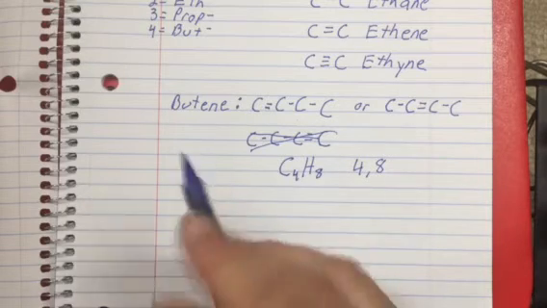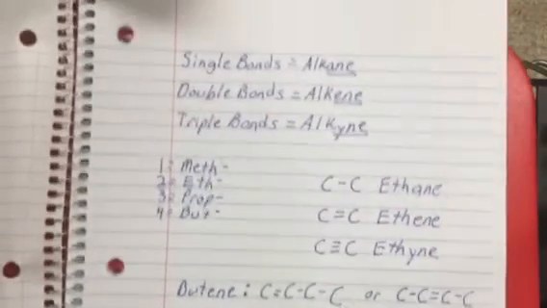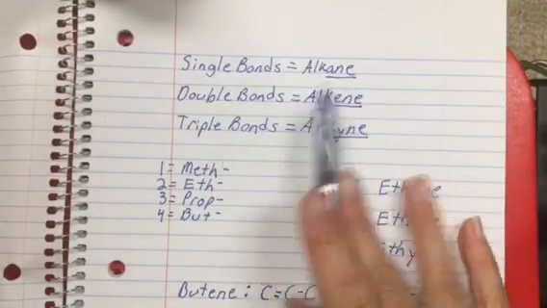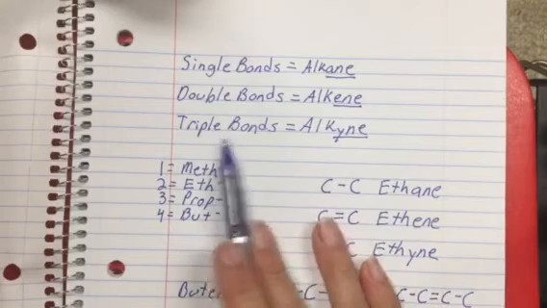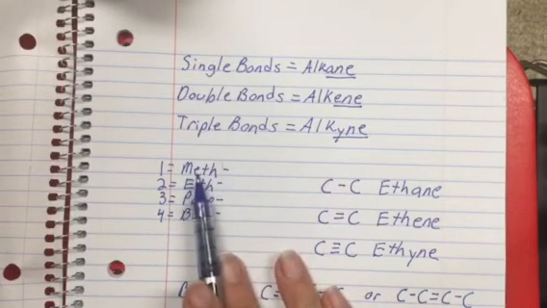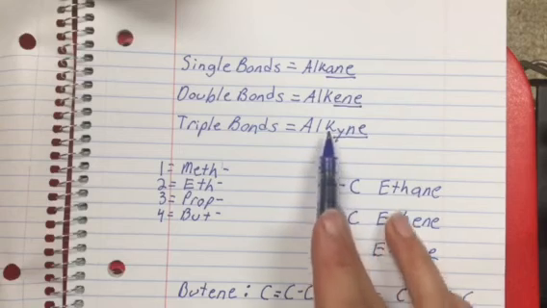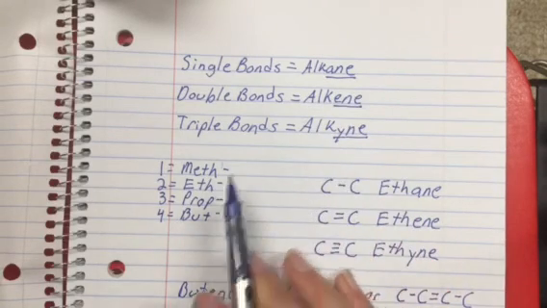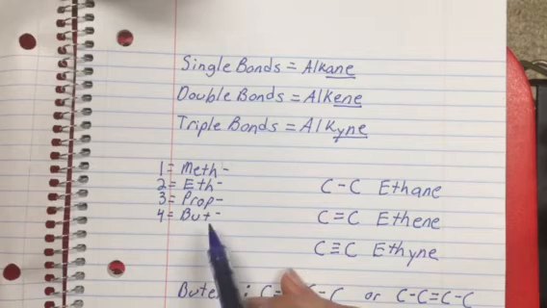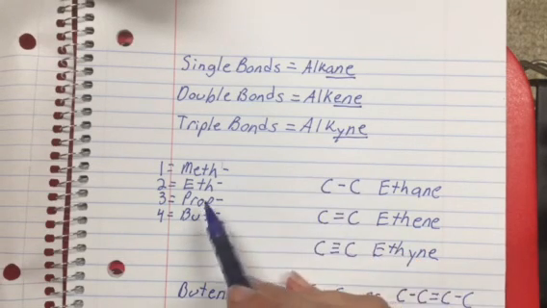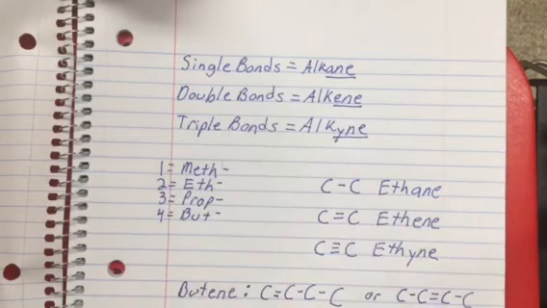But otherwise, that's all we're looking at today. Okay, key to the lesson. Single bonds are alkanes, double bonds alkenes, triple alkynes. We take the prefix for the number of carbons and put the suffix for what kind of bonds it has. So propyne would have a triple bond, whereas propane would have all single bonds. Okay? Fairly straightforward. Good luck.